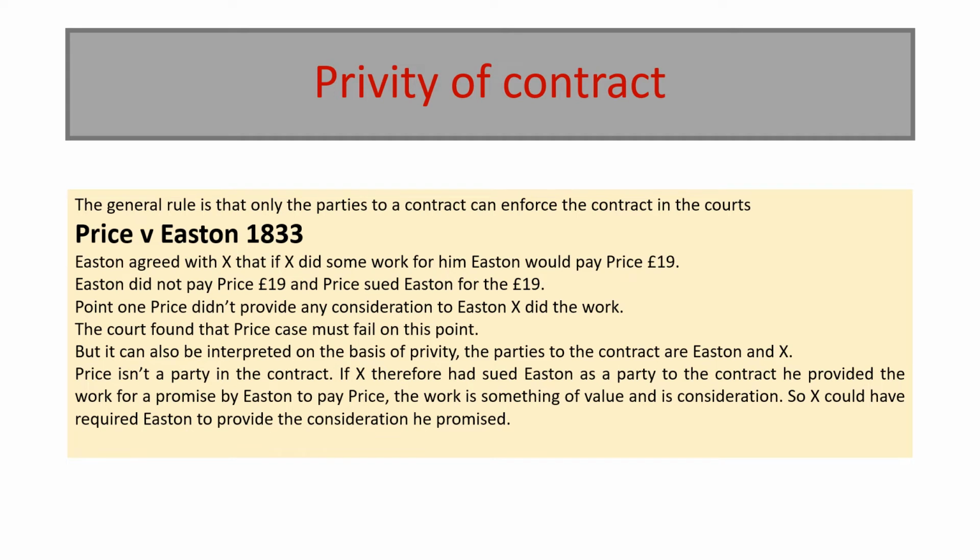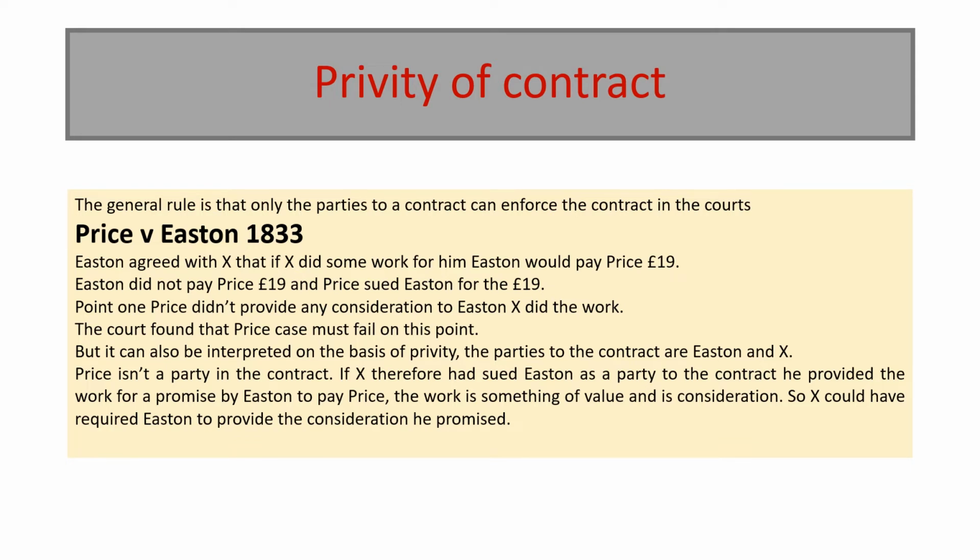Why would he do that? That's your first question, isn't it? Why would X do work for Easton and not be paid, and instead be happy that Price was paid for the work he did? Well, there may be a lot of reasons why X agreed to do that.